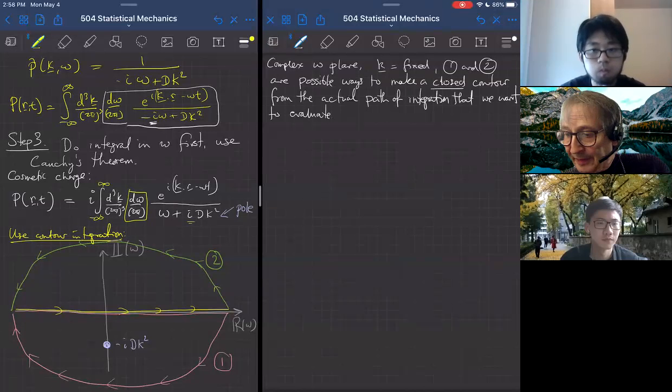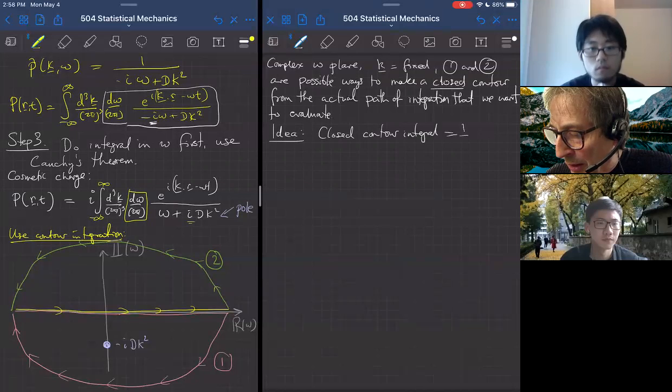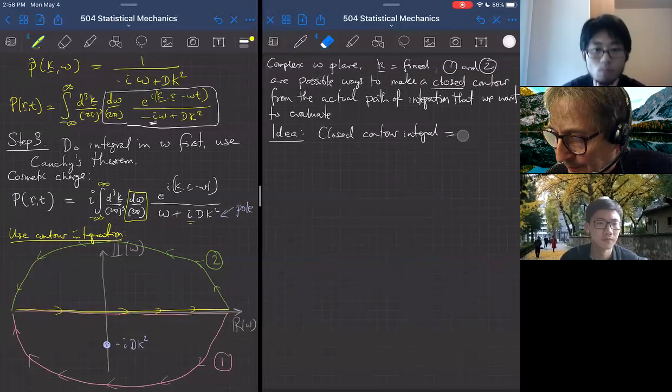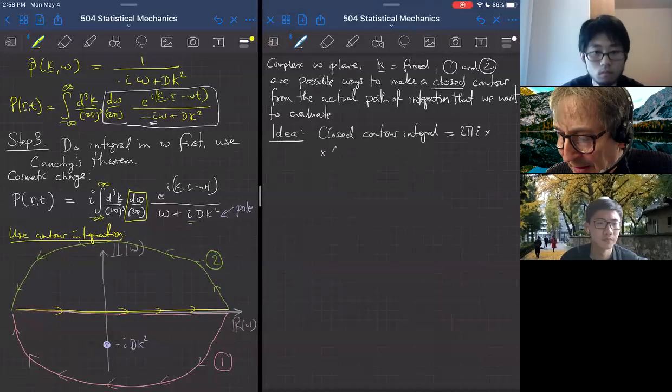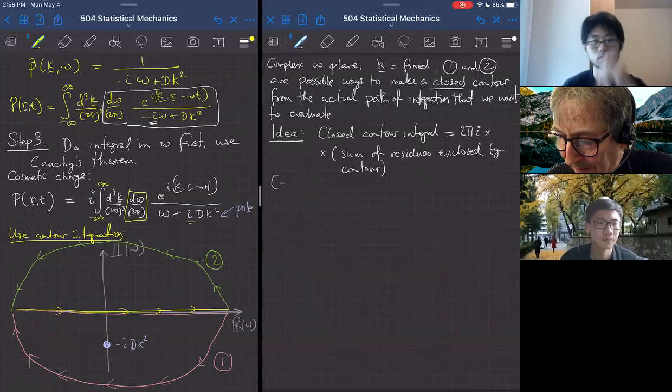So we then have to ask, why do we care about making a closed contour? Because the idea is that a closed contour integral is equal to 2 pi times i times the sum of the residues enclosed by the contour. And that's what Cauchy's theorem tells us.